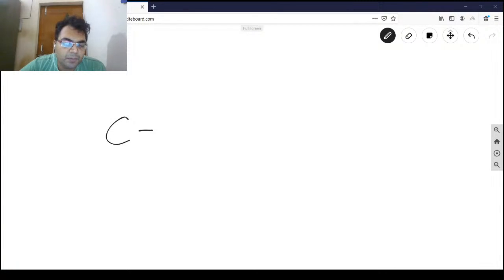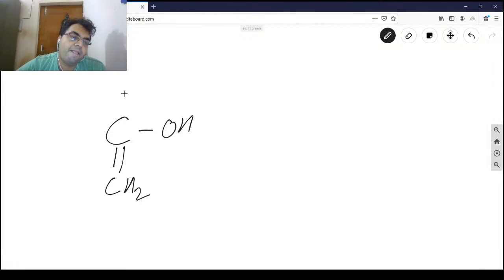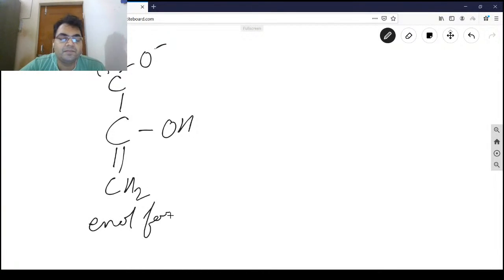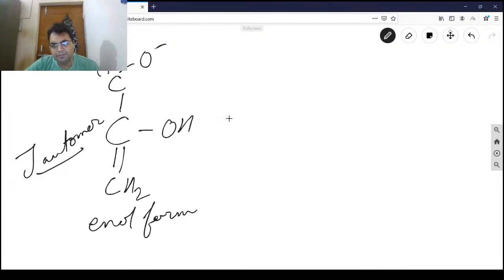You can say OH, CH2, this side will be... this is pyruvate, this is the enol tautomer. If you study tautomerism, you will be able to comprehend it, otherwise also you will be able to comprehend.